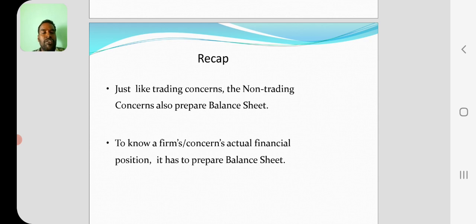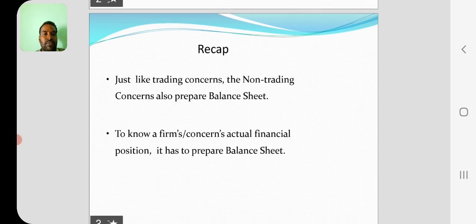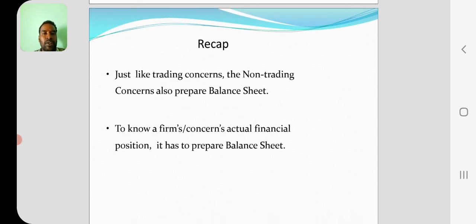In a trading organization, they prepare two accounts and one balance sheet: the trading account, profit and loss account, and balance sheet. Same as that, a non-trading organization also prepares two accounts and balance sheets.